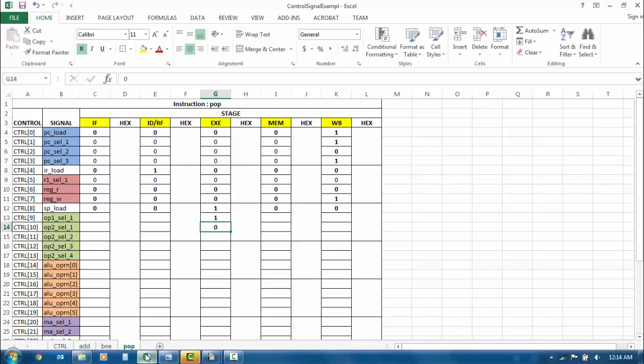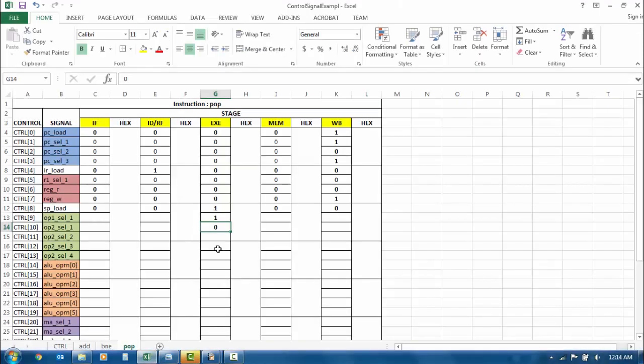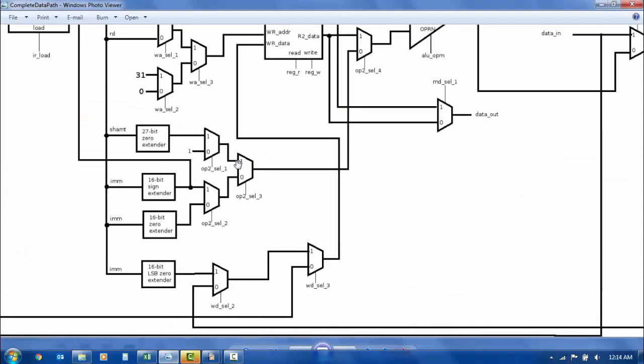And then that one needs to go through OP2 selection 3 as 1.